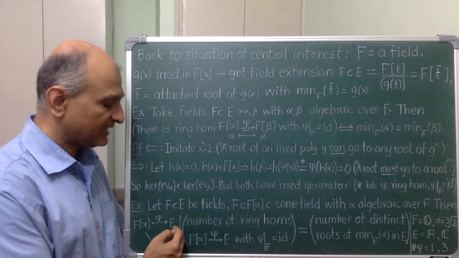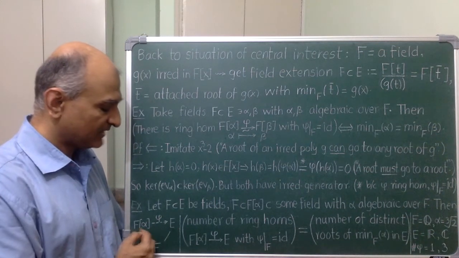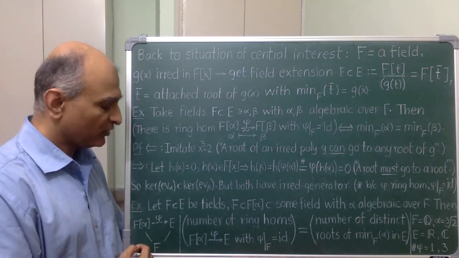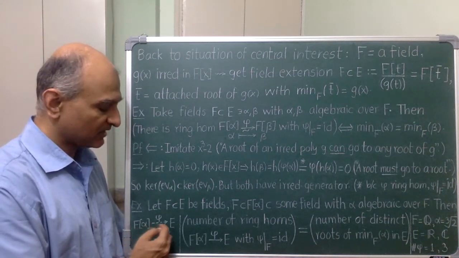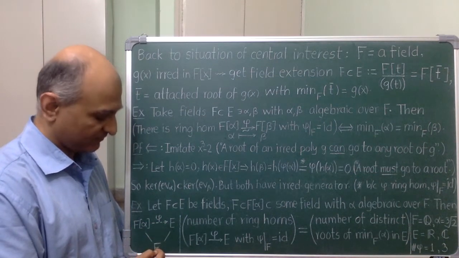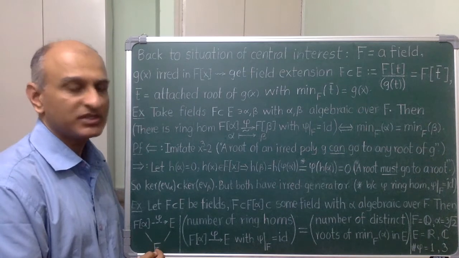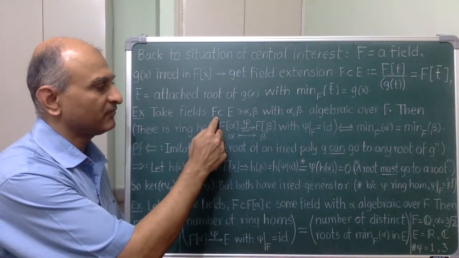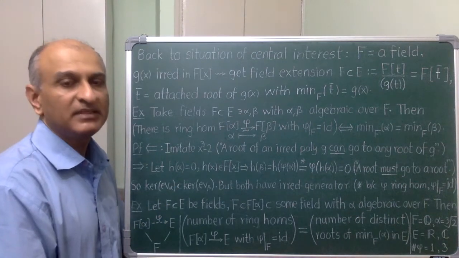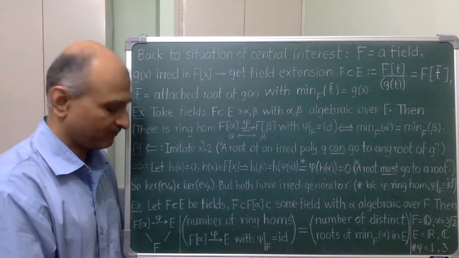F is contained in E and alpha is an element algebraic over F in some field. We want to know how many homomorphisms there are from F(alpha) to E that are identity on F. The only way this situation is different from here is that now alpha is allowed to sit outside E. But the reasoning stays exactly the same.